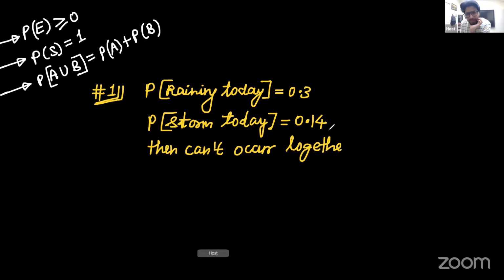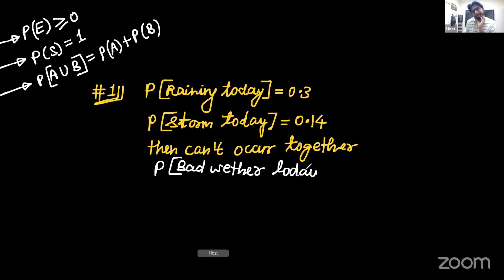In real practical life, we know that rain can occur with a storm, but to keep it very simple in the beginning, let's say that they can't occur together. Then what is the probability of bad weather today?